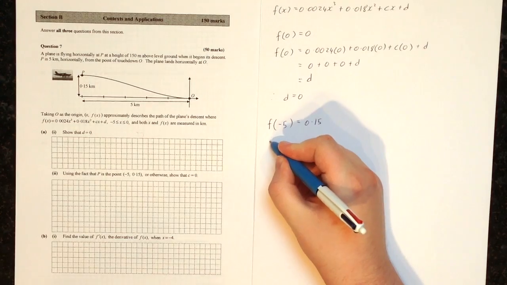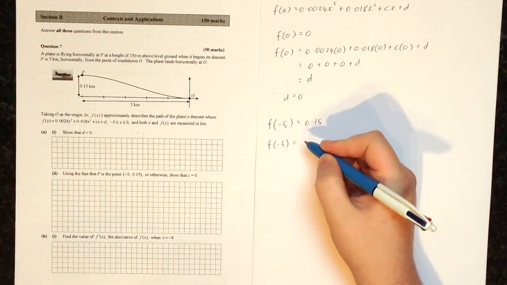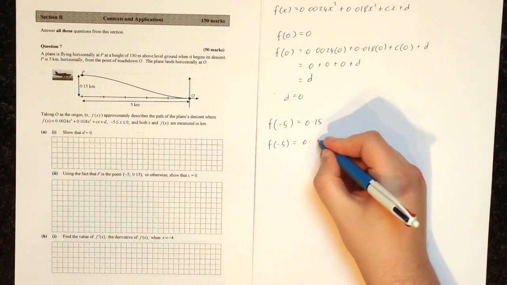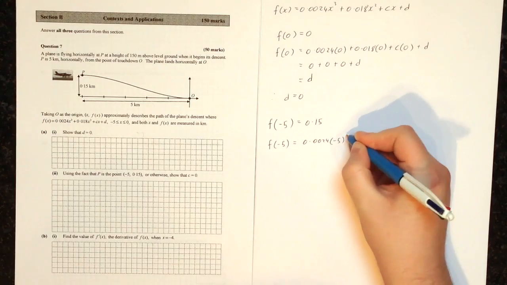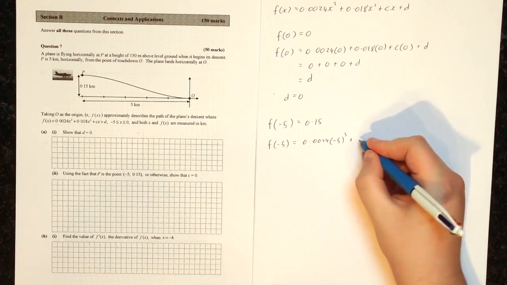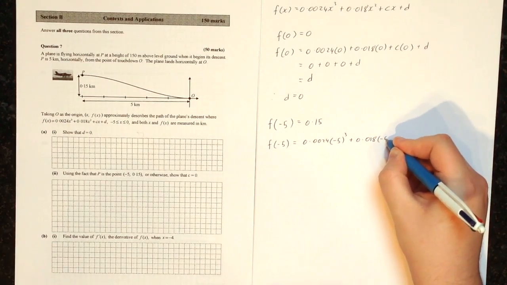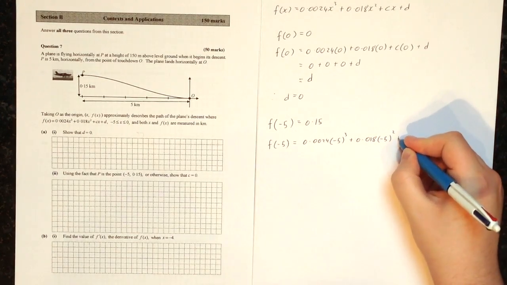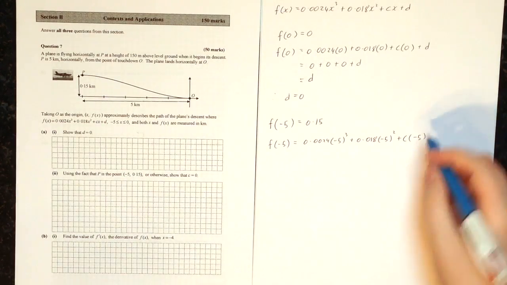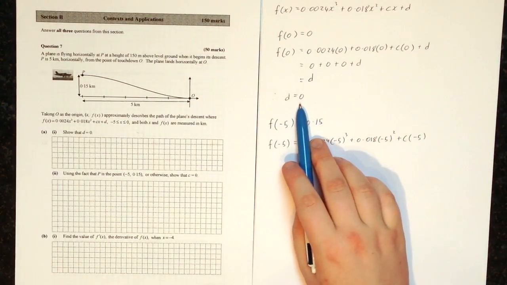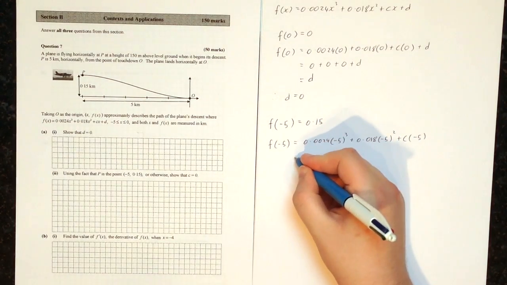So now let's evaluate what is f of minus 5. That's going to be equal to 0.0024 times minus 5 cubed plus 0.018 times minus 5 squared plus c times minus 5 plus d, but we found from the last part that d is 0, so we don't need to write that down.